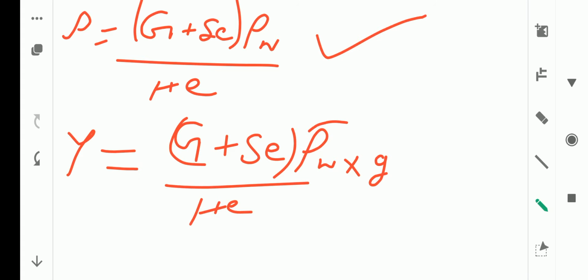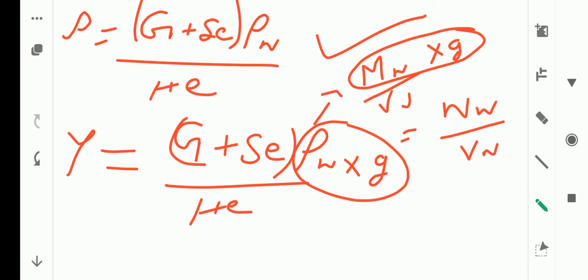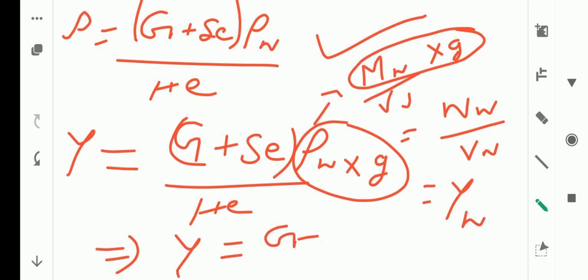And we know that density into g, what we can write? Density means mass of water by volume of water into g, m into g, weight of water, is equal to weight of water by volume of water, correct? And what is weight per unit volume? It is unit weight of water. So bulk unit weight is equal to G plus SE into gamma W upon 1 plus E.